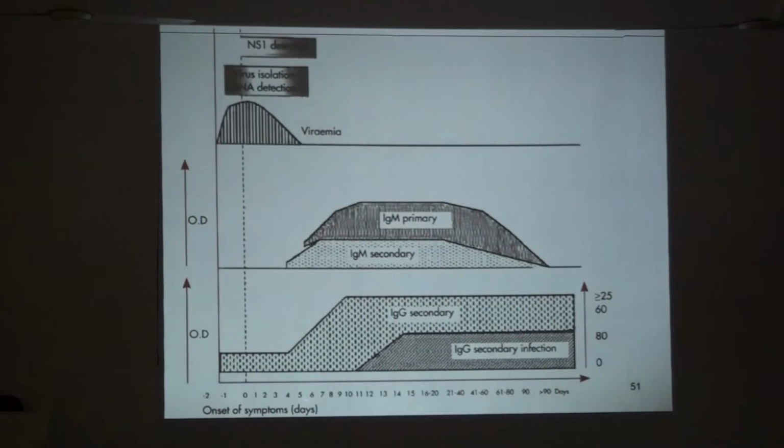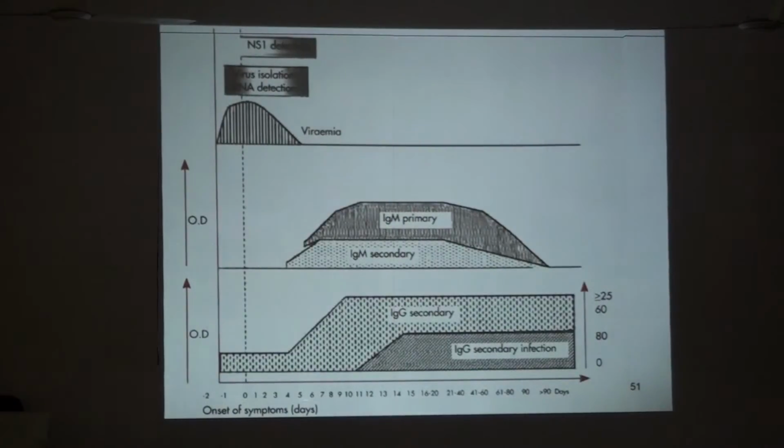In primary infection, the IgM antibody immune response starts after 5 to 10 days. But in secondary infection, the IgM immune response starts earlier, within 4 to 5 days, whereas in primary infection it takes longer.